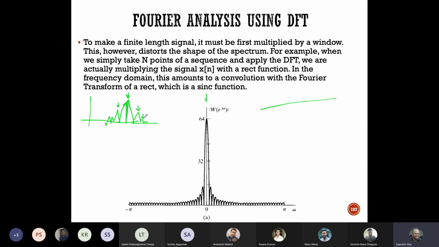This is what is called spectral leakage. It's a technical term, which means that if I've got energy of a signal at some frequency, because I'm viewing it only over a finite duration, some part of it is going to leak out to neighboring frequencies, to the side bands here.